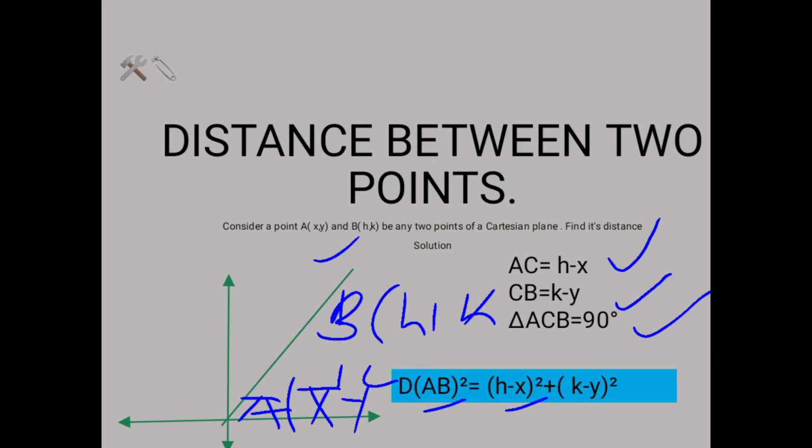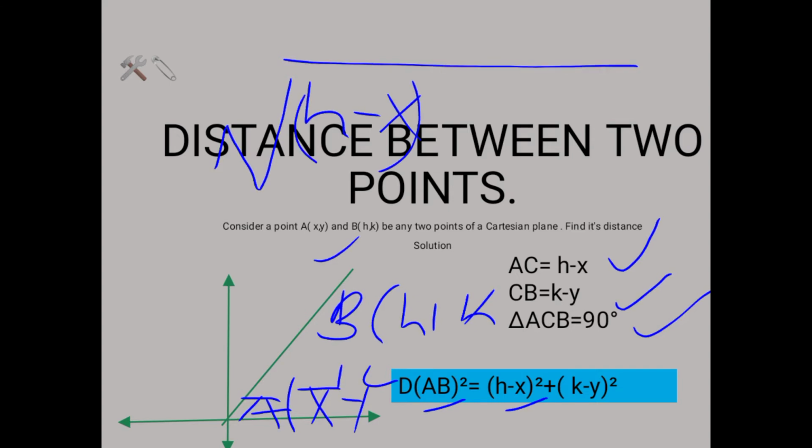We can also write as square root of h minus x squared plus k minus y squared. Remember, order doesn't matter.